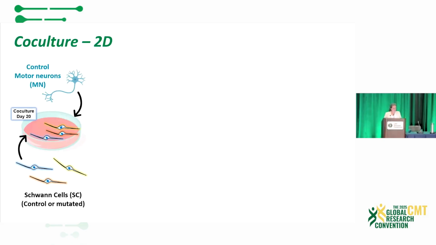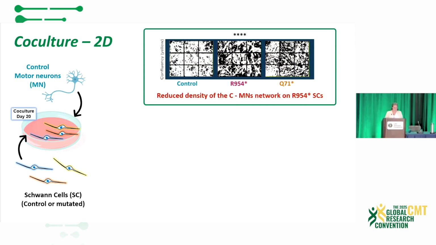We started with a 2D co-culture. We plated Schwann cells first, either control or mutated, and then added control motor neurons.